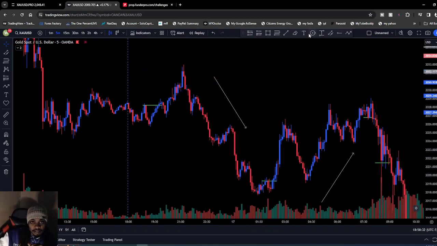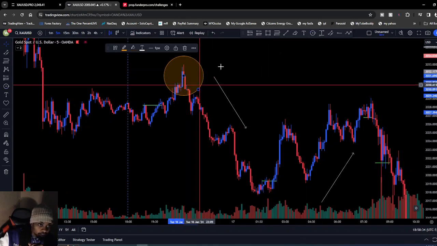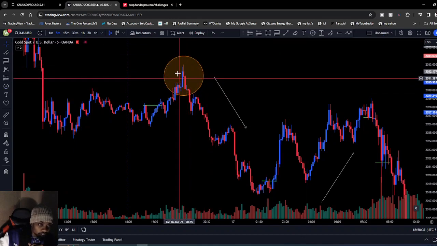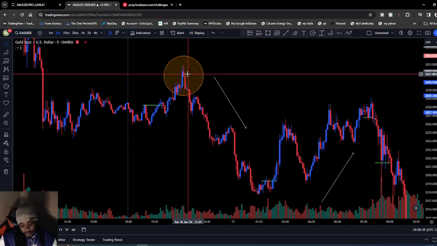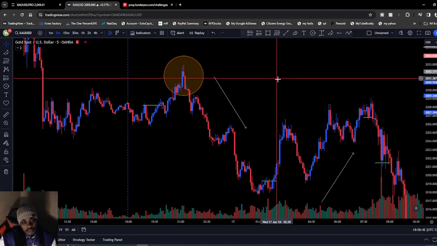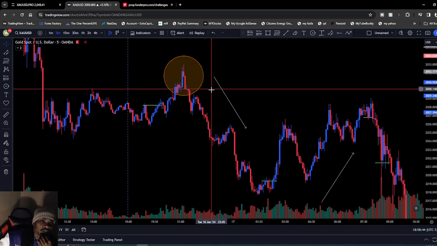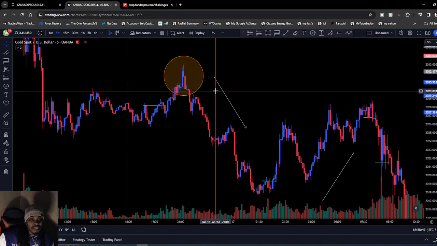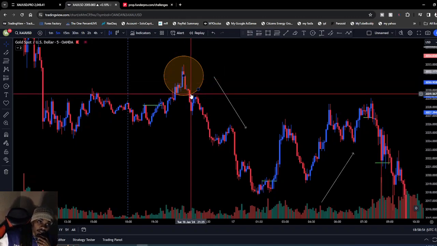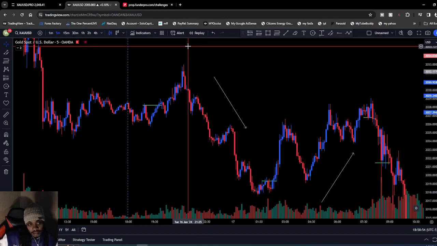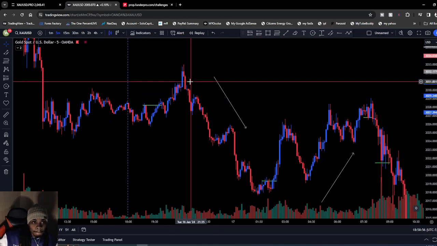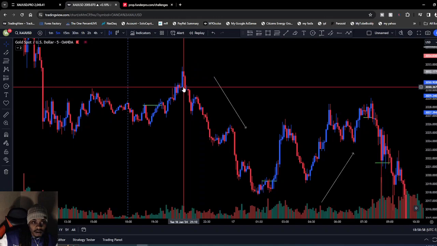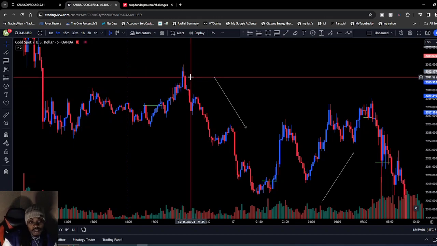So this formation right here, these three candles, is what I call a continuation killer. Let me delete this. It's when a big bullish or a big bearish candle, but in this case a big bullish candle, is traded through.